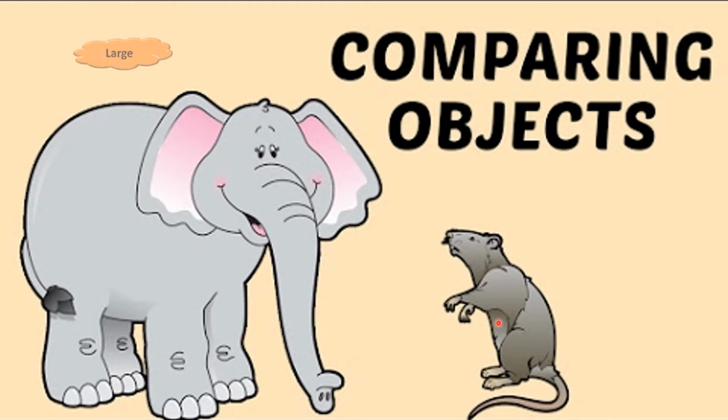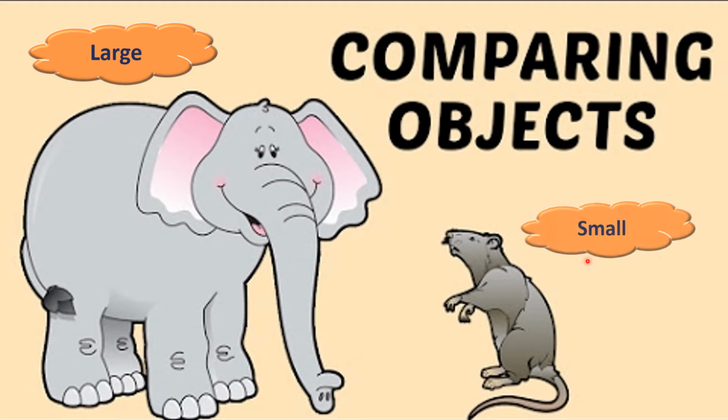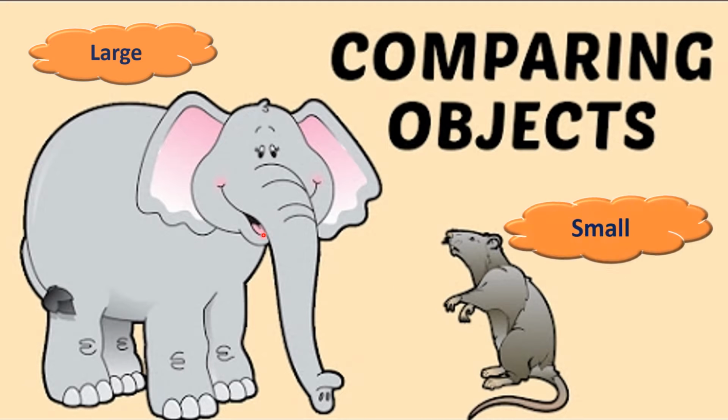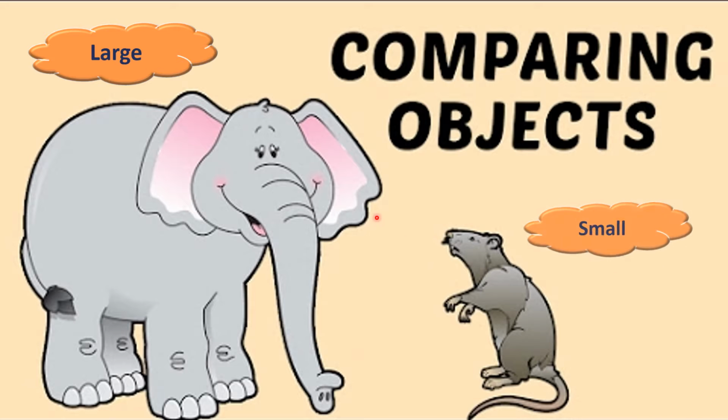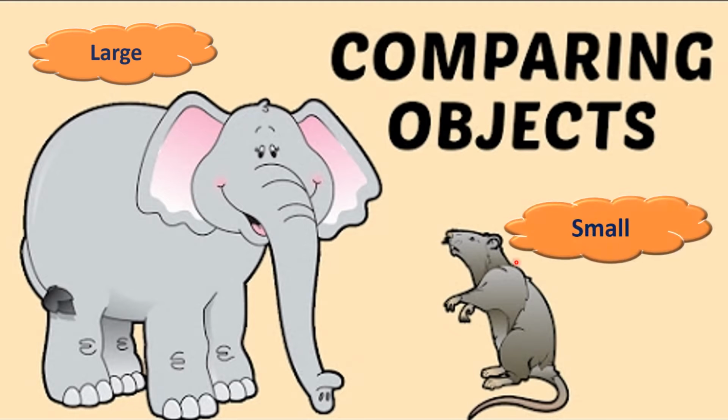And one more animal, that is a mouse. This is a tiny animal or a small animal. Here we are comparing these two animals on their sizes. Correct? This is nothing but comparison. Got this, children? By comparing, we can say that this is large and this is small compared to this elephant.